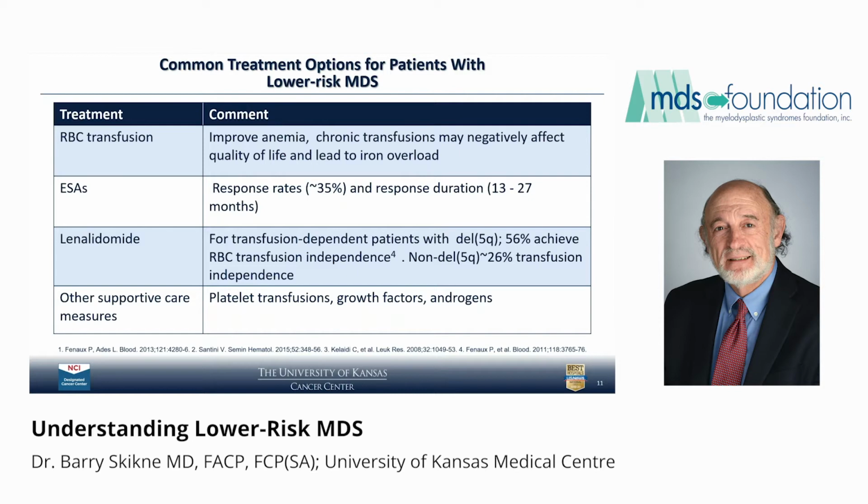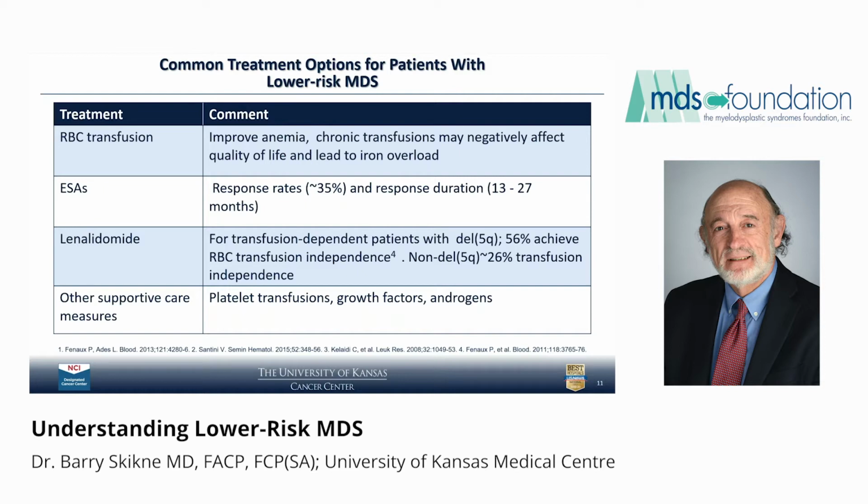Now, I also have on this slide lenalidomide. That's an oral agent. Its trade name is Revlimid. And usually it's used for patients who are red cell transfusion dependent, and especially for patients who may have the deletion 5q abnormality. In those patients, one may achieve red cell transfusion independence in close to 60% of patients.